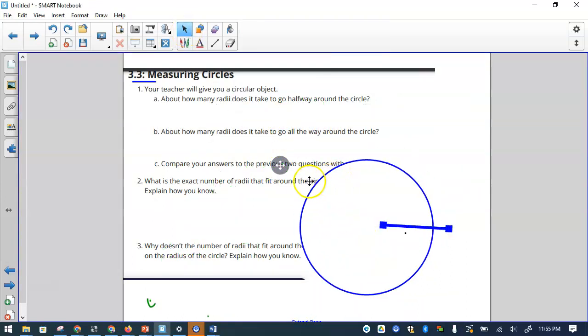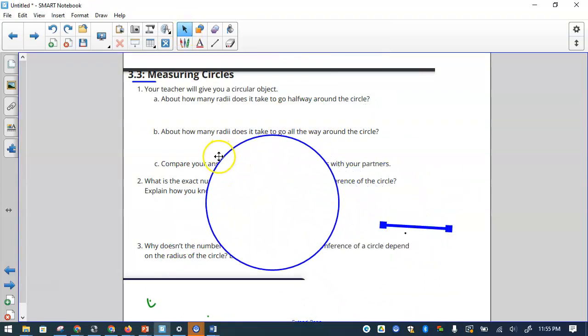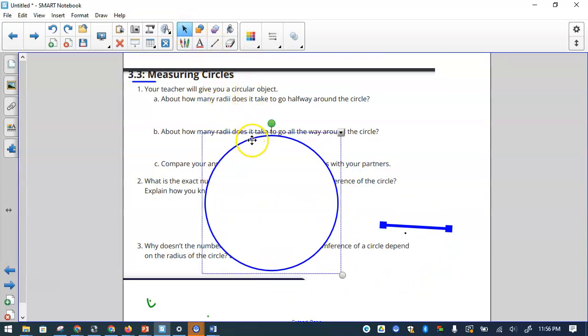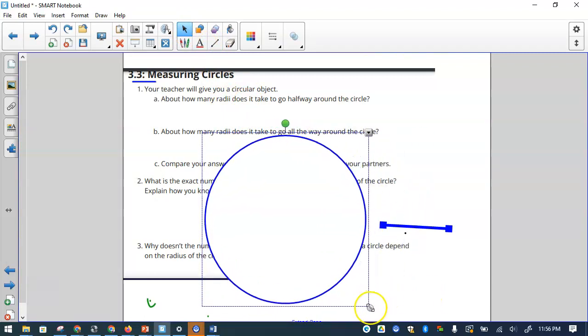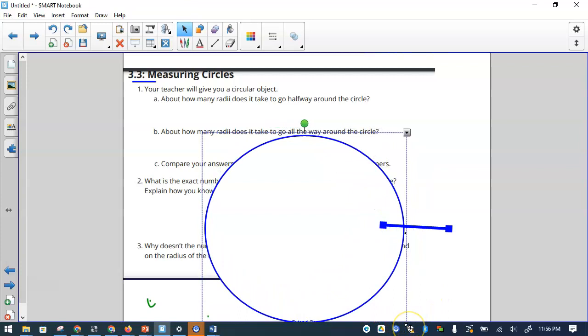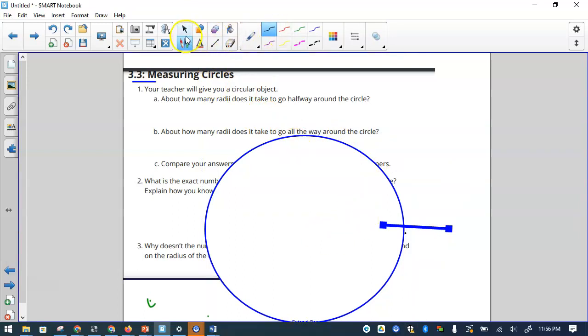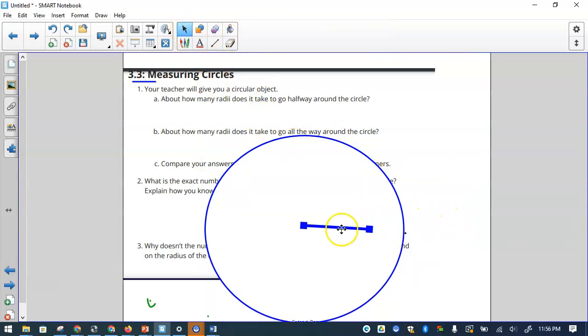Okay, what if I make this circle a little bigger? Let me see, I'm making it a bigger circle. And this time, the radius is 3.